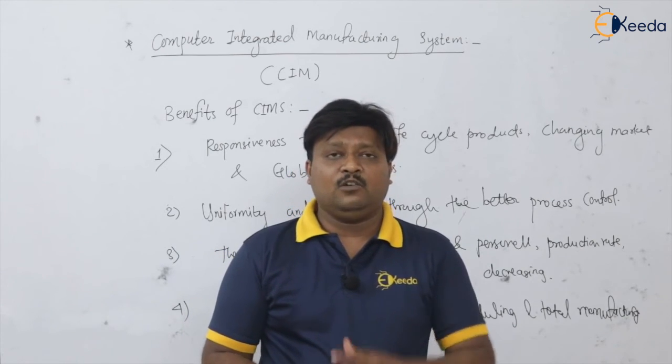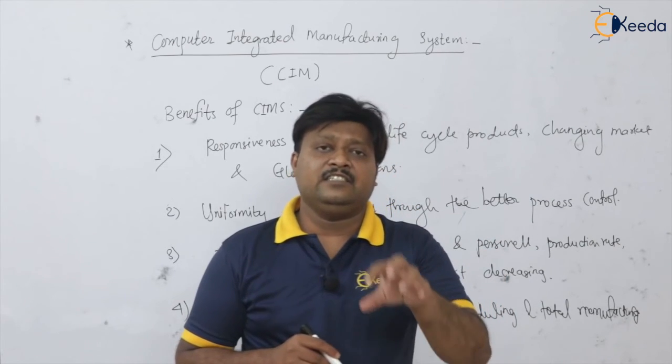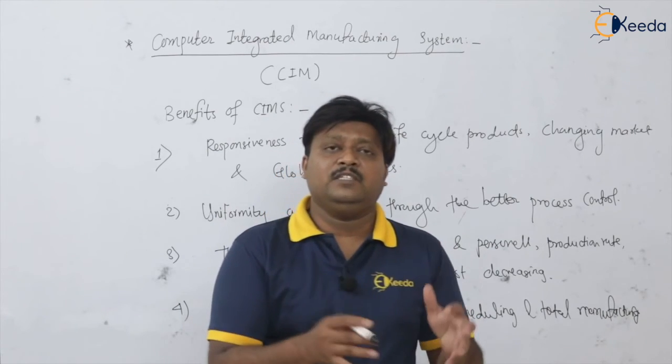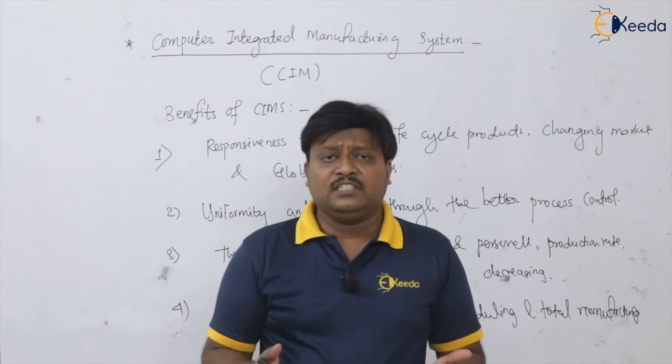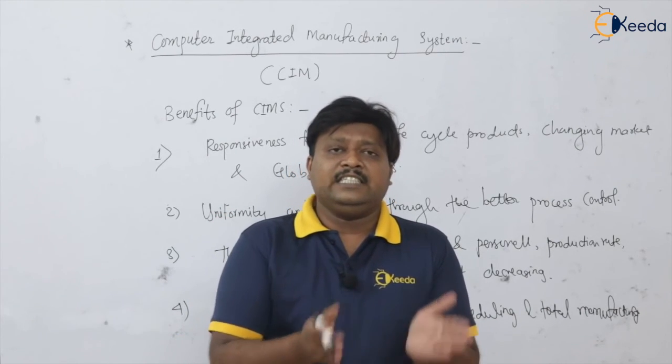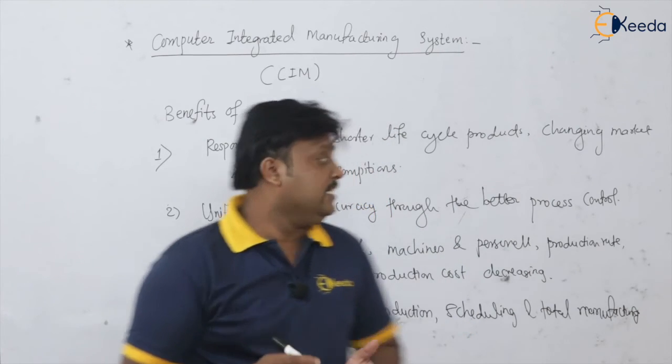Okay, so this is how the sequence is there when we are going to make the product, and in every stage we are using the computer. For the designing we are having computer aided design.